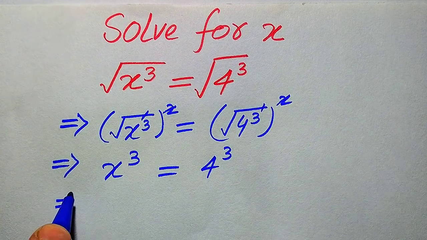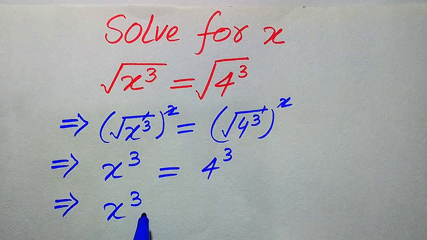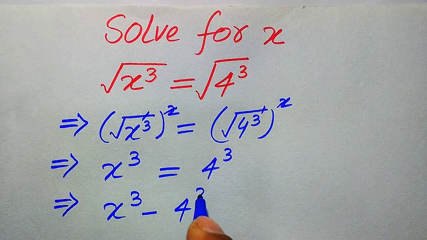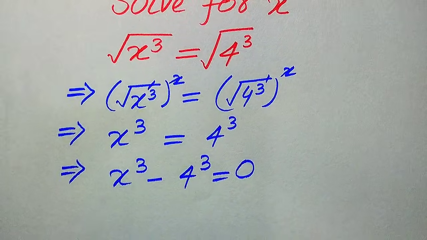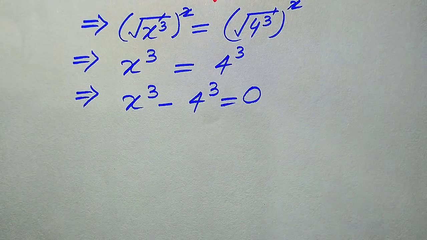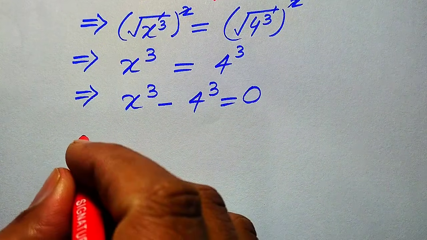Further in the next step, we move this 4 cubed from the right hand side to the left hand side, and it becomes x cubed minus 4 cubed equals 0. Now you see that this equation is in pure cubic form, so we use this nice cubic formula.